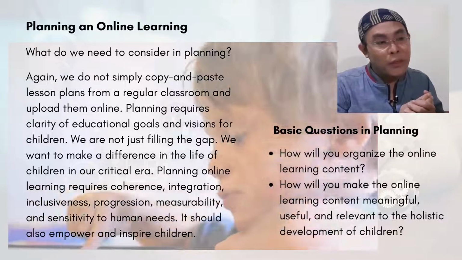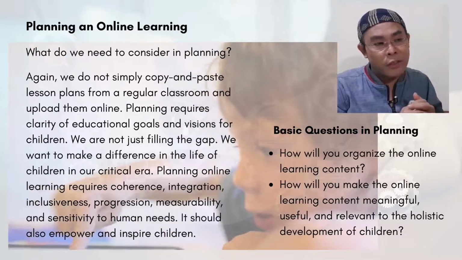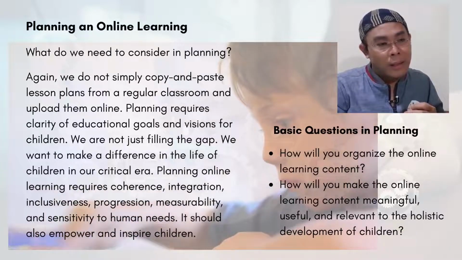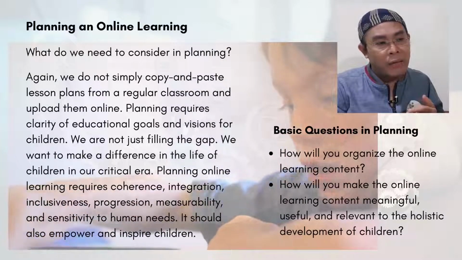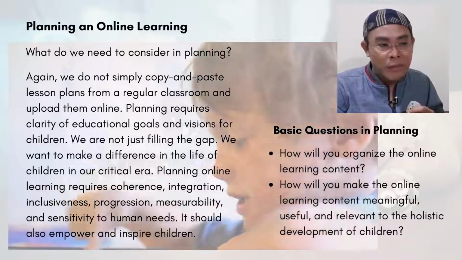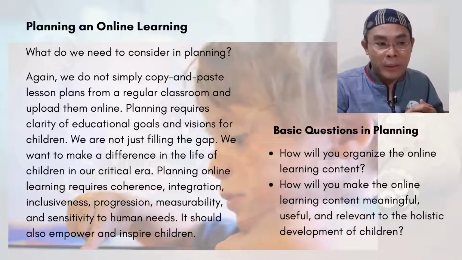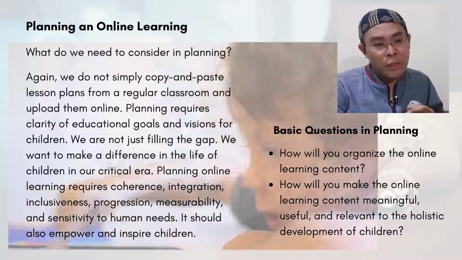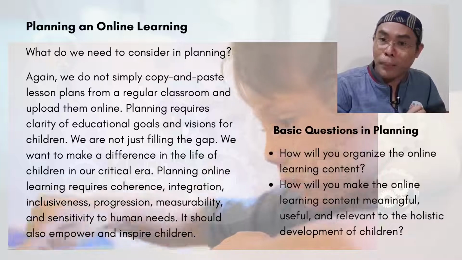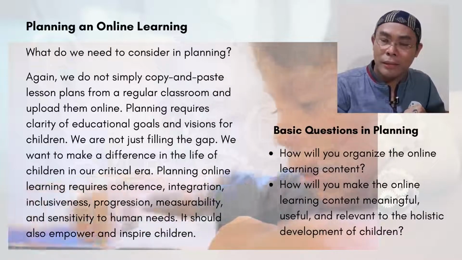We want to make a difference in the life of children in this very, very critical era. Planning online learning requires coherence, integration, inclusiveness, progression, measurability, and sensitivity to human needs. It should also empower and inspire children.